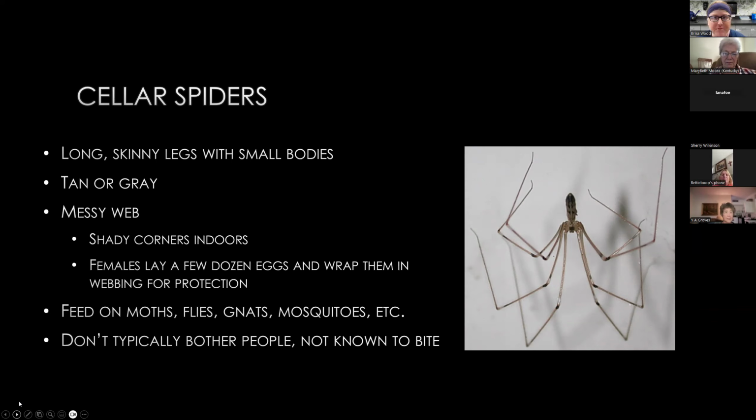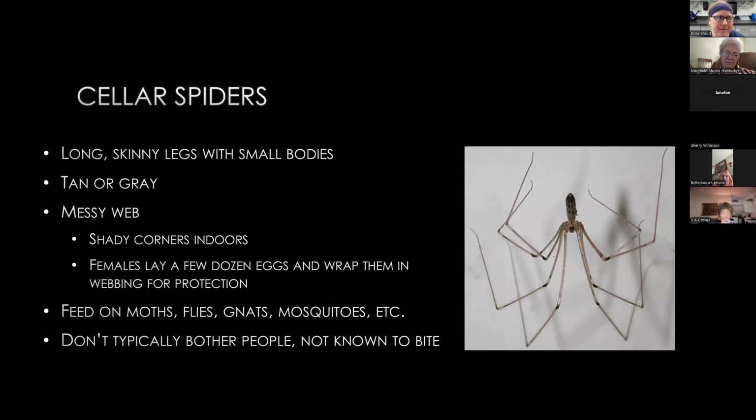So the first one that I'm going to talk about is the cellar spiders. This is a very common one that you see probably in your house. I know, for instance, I typically see cellar spiders in my bathroom, in the upper corner, just hanging out. These spiders have very long, skinny legs.